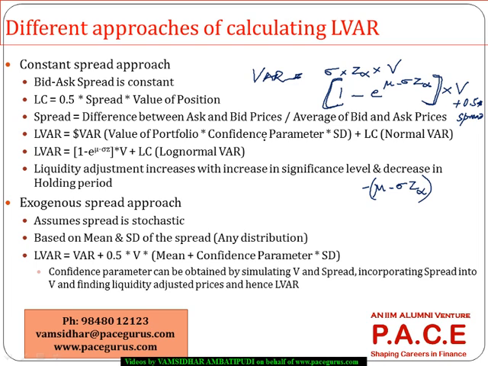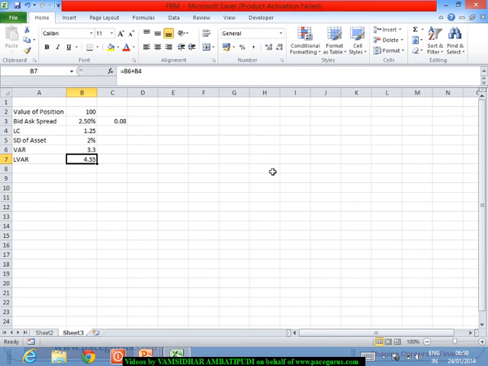So in case of log normal VaR, the liquidity adjusted VaR will come out as 1 minus e power mu minus sigma Z, assuming that mu is 0, which is nothing but the mean returns are 0. So in the same example, if I assume that this is following a log normal distribution, what would have been my VaR?